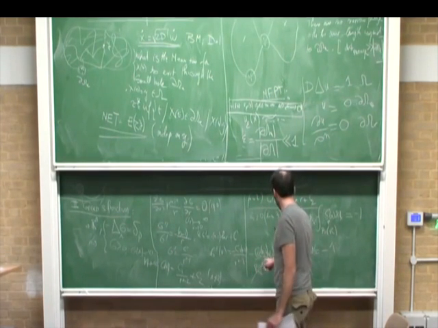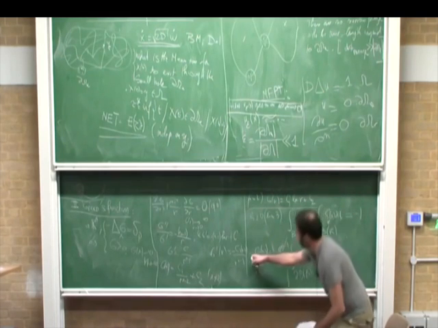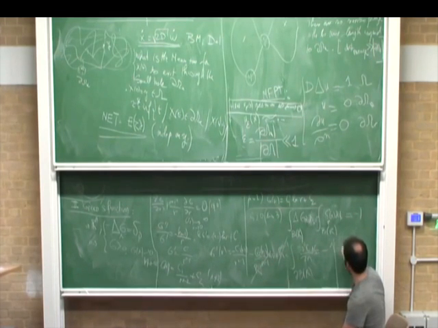This and this goes, and finally minus and minus cancel, and I have c1 equals to what? 1 divided by n minus 2 multiplied by omega n minus 1, which is the volume of the unit sphere S n minus 1.